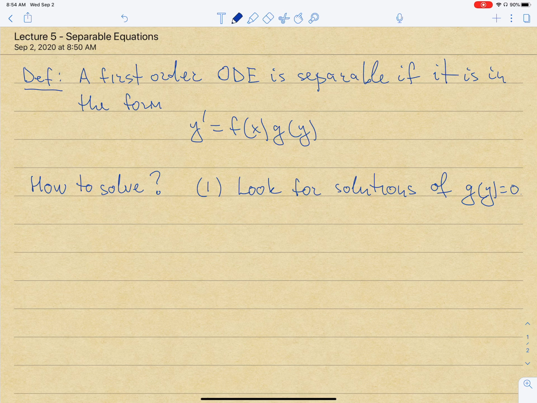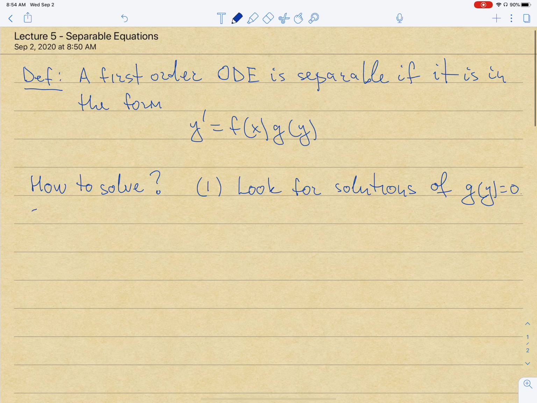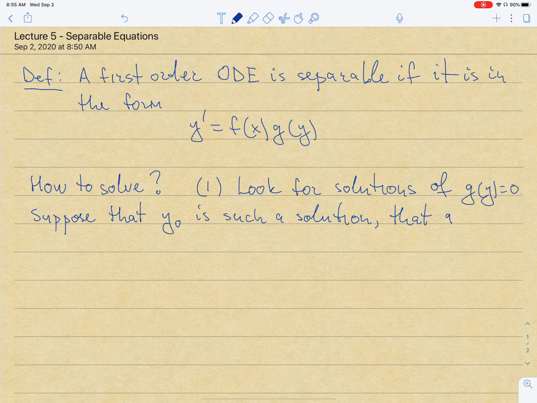Then let's suppose that we have, let's say, y0 is such a solution, which means y0 is a number that makes g equal to 0. So that is, g of y0 is equal to 0.